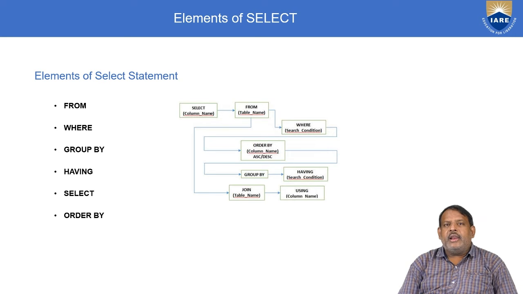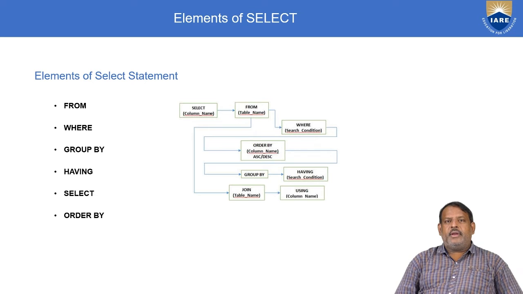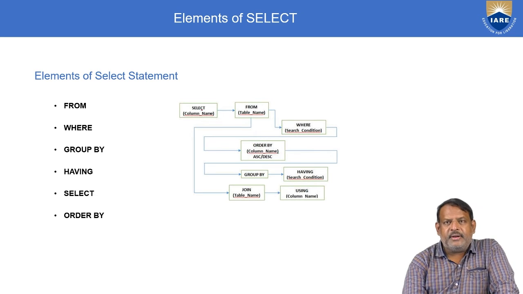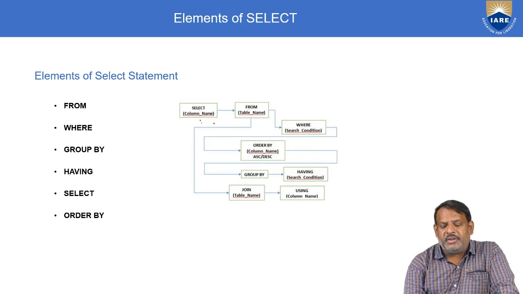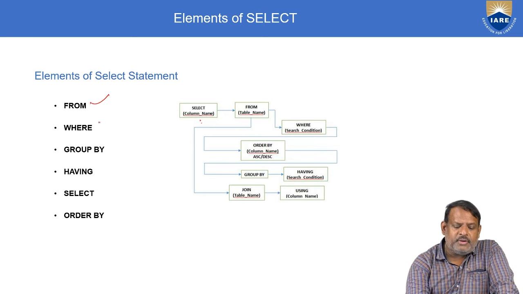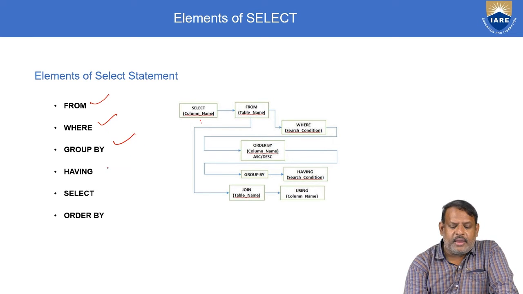Now we'll see the elements of the select statement. We have a select statement which includes columns. In the select statement, you can mention the required columns, or you can say star. You have a from clause, a where clause, group by, having, select, and order by.